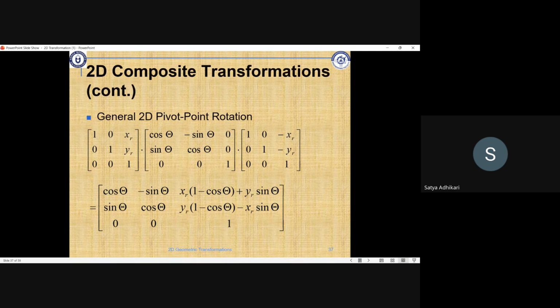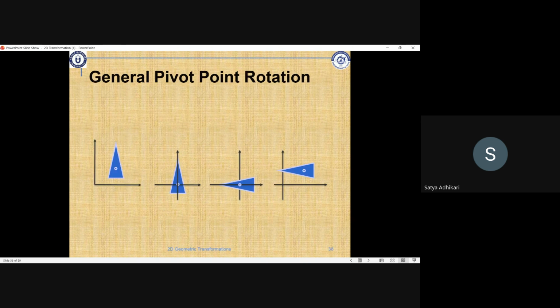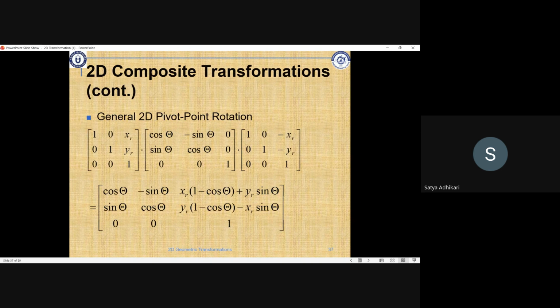But this one has three steps. First is translation, then rotation, then inverse translation. So what we did in the previous slides, we are now representing in matrix form, as a matrix operation. That is why you see here the need for the homogeneous coordinate system. It may not be possible if the homogeneous coordinate is not applied, because matrix multiplication is not commutative.